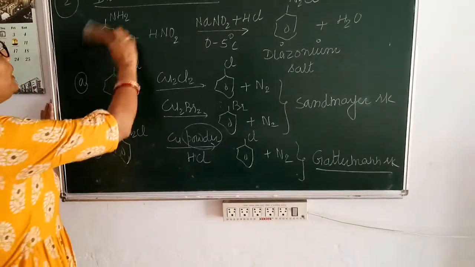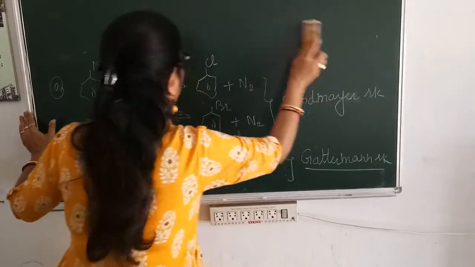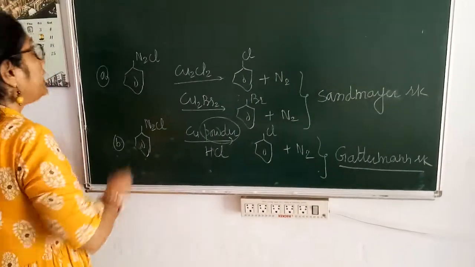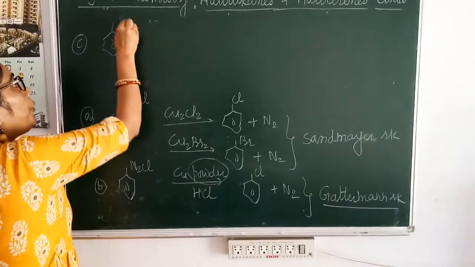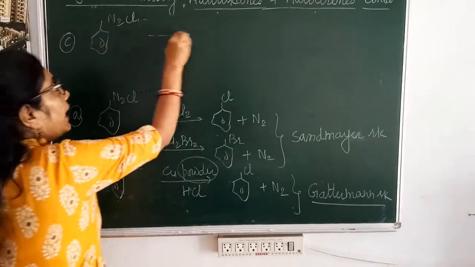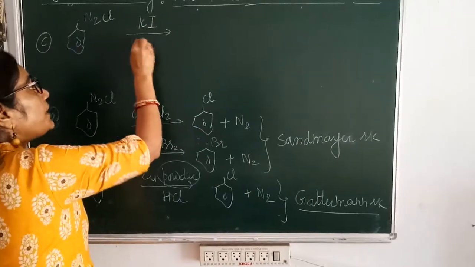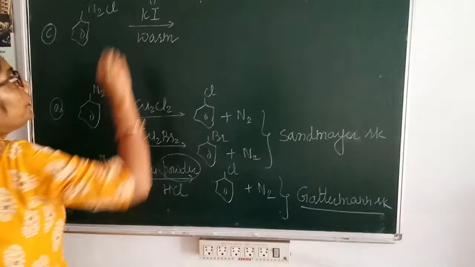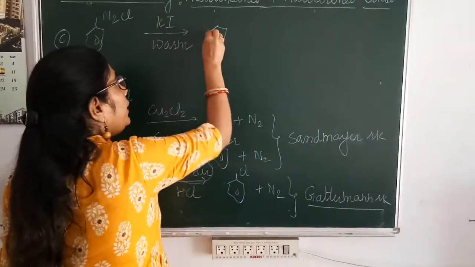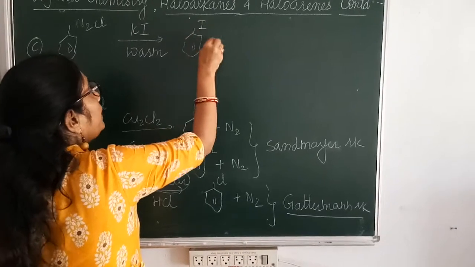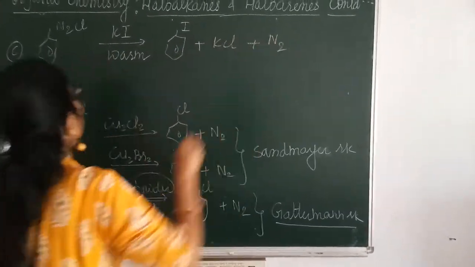So chlorobenzene and bromobenzene. Now we are left with fluoro and iodo, and let's see how we prepare iodobenzene. For that, the diazonium salt is treated with potassium iodide. Upon warming with potassium iodide, we get iodobenzene plus KCl plus N2.